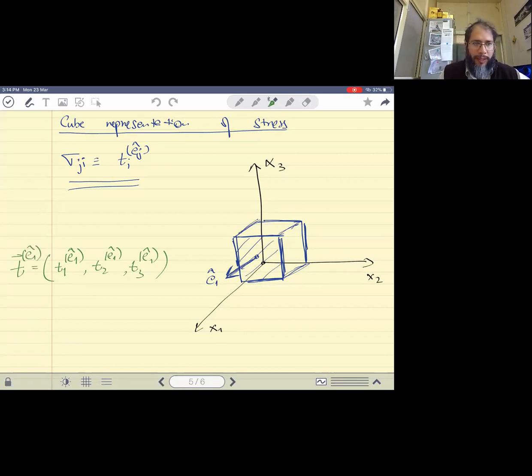So I can write my stress vector on this E1 hat plane with the three components T1, T2, and T3.